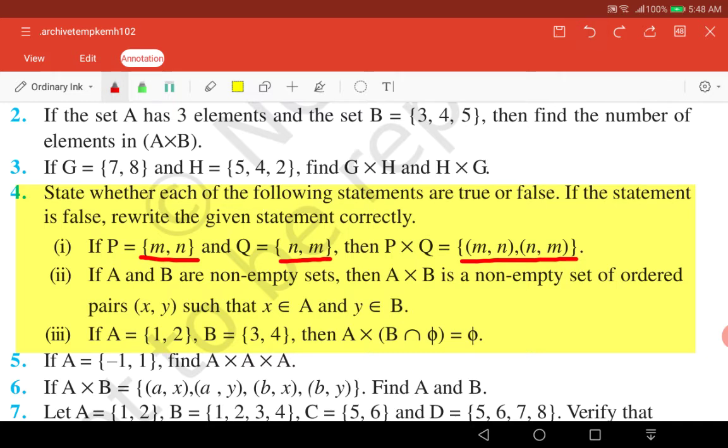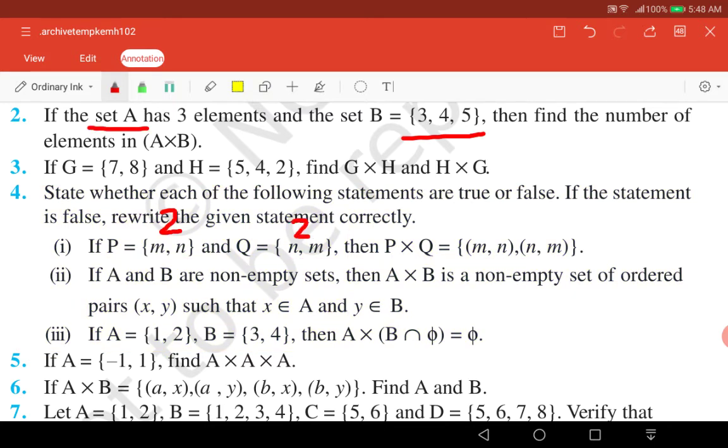See, you have 2 elements in P here and 2 elements in Q also. Okay, so how many should you have in P cross Q? Yes, there should be 4. There should be 4 elements in the Cartesian product, 2 into 2 will be 4, but here we get only 2 ordered pairs. So that means this is a false statement.